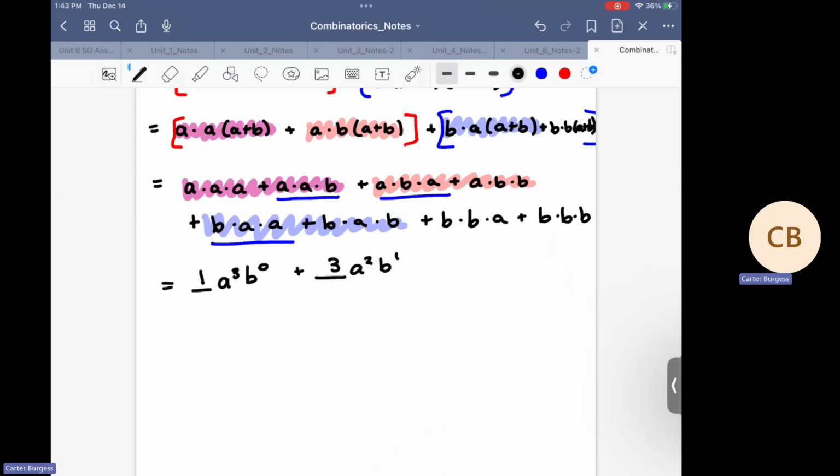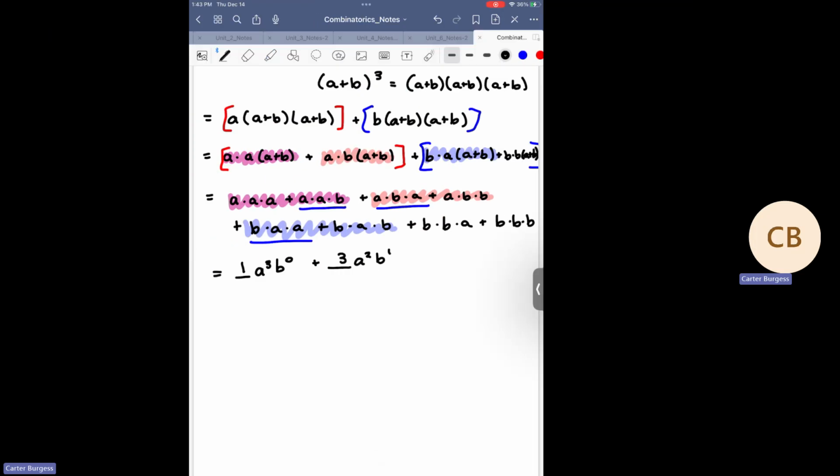How many ways can I make 1 A, 2 B's? Perfect. That is another 3. And then how many ways can I do 3 B's and 0 A's? 1. We've got 1 with 0 A's and 3 B's.